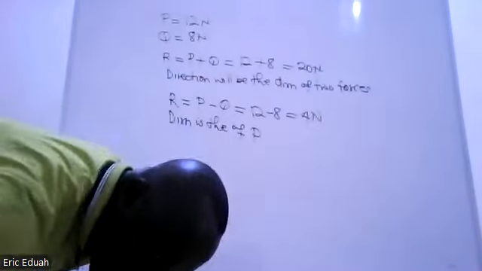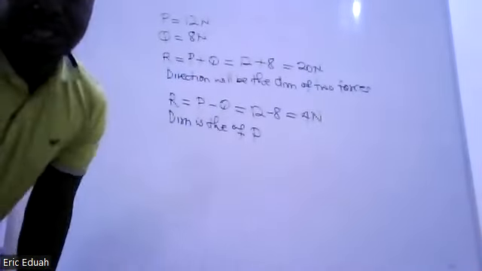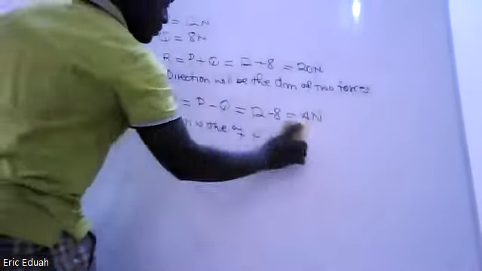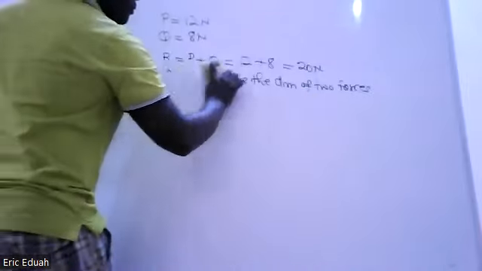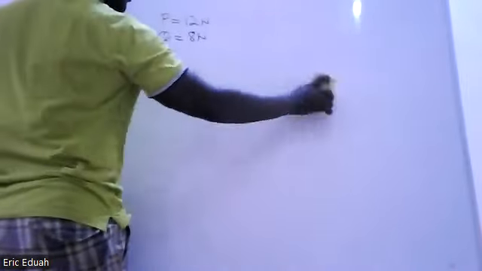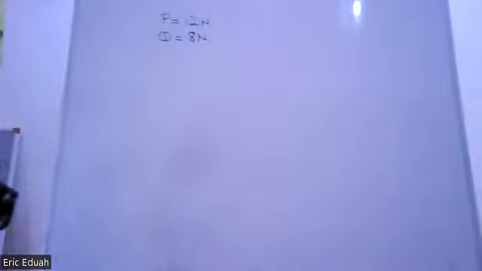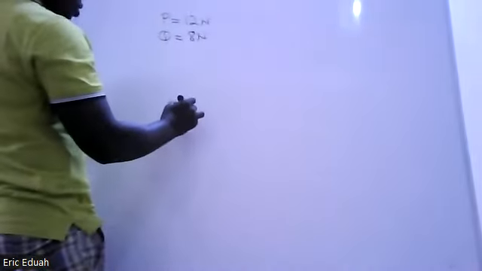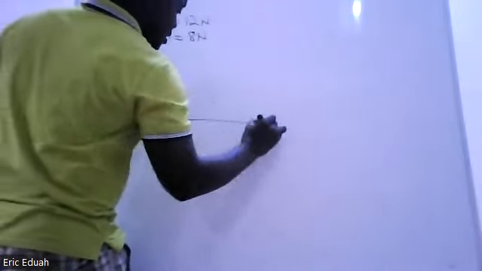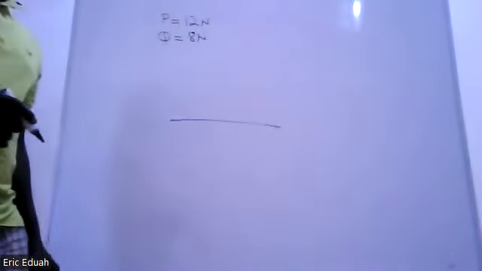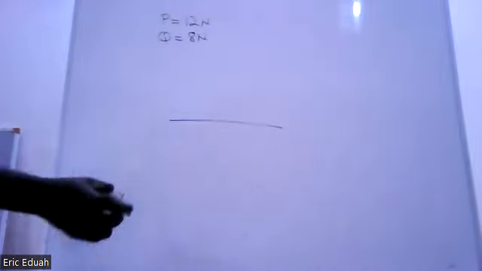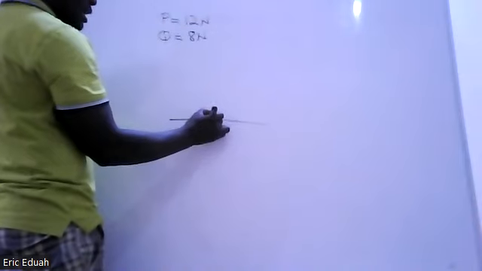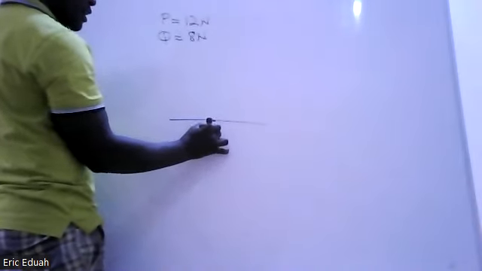Then when they are acting 120 degrees to each other, what happens? So this time let's draw. You place one of them on the x-axis. It can be P. Let's assume P is here.